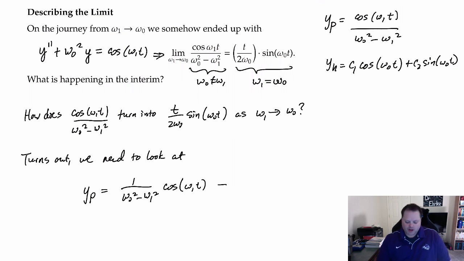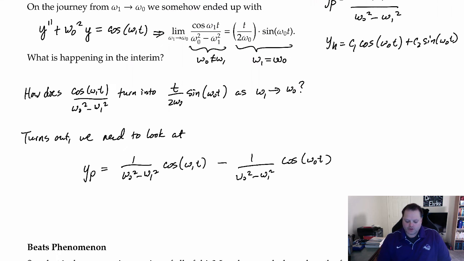Yeah, I'm going to subtract from that the exact same thing, cosine omega naught t. So understand, this was the original particular solution, yp, I'll call it yp star. That was our original particular solution. This is a part of yH.